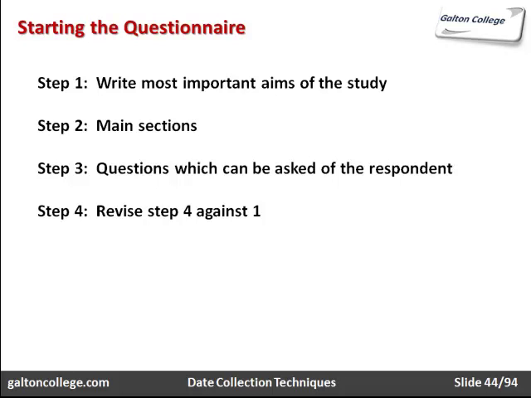You might have to revise step 3, against the aims and objectives. So that particular point, it says step 4, it should be step 3. Step 3 should be constantly worked in the context of step 1 to make sure that the aims and objectives of the survey are what is being questioned.